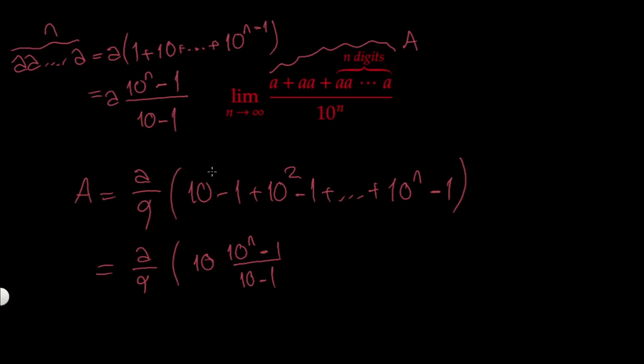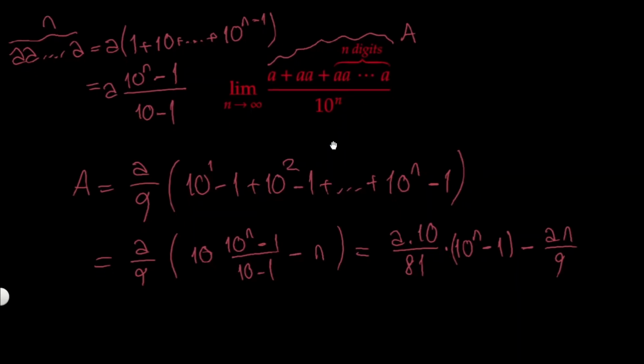Here, of course, it's going from 1 to n, there are n terms, so it's minus n. So this thing is equal to a times 10 over 81 times 10 to the n minus 1, and I have minus an over 9. Okay, cool. So this was A, which is the top part.